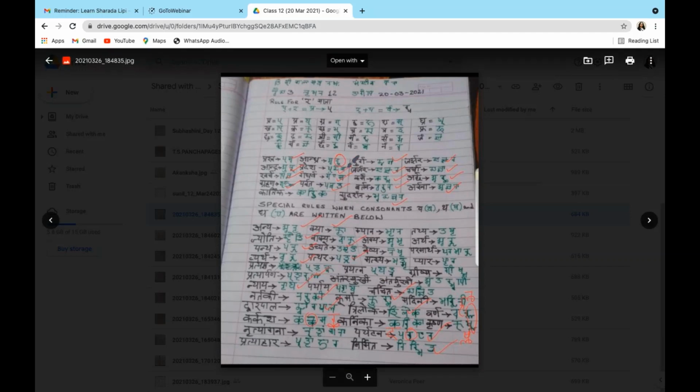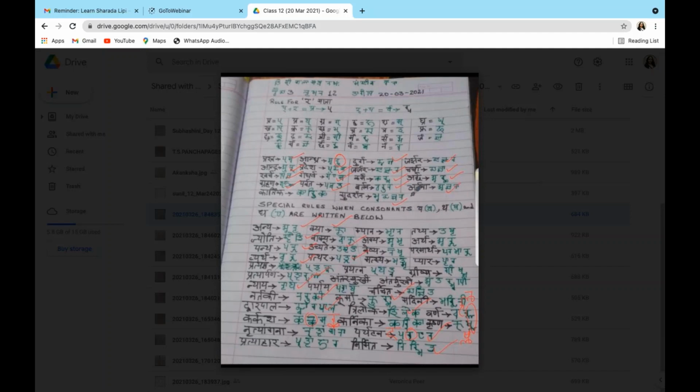There is a correction for Andhra, which I'll just show in a while. Rest of the words are correct. Then there is Kharch, Grahan, Kartik. I'll come back to Andhra, which is marked here. Rest of the words are correctly written.